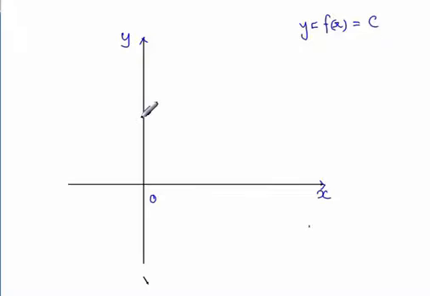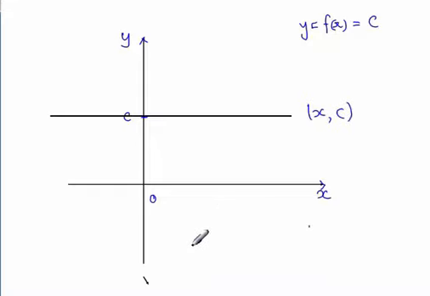If c is somewhere there on that real number line, then the graph of that function will look like this. All the pairs we've got on this line are going to be pairs x, comma, c. That's the simplest function we've got.